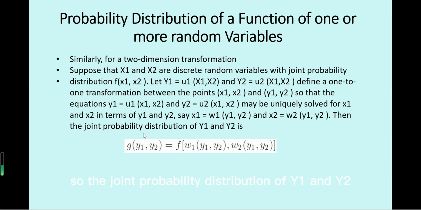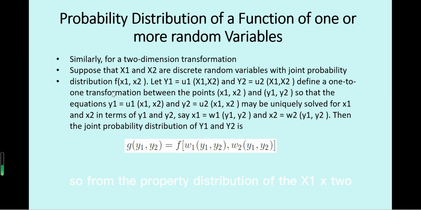So the joint probability distribution of Y1 and Y2, g(y1, y2), equals the same form as the joint distribution of X, but here we just fill in x1 and x2 with w1(y1, y2) and w2(y1, y2).